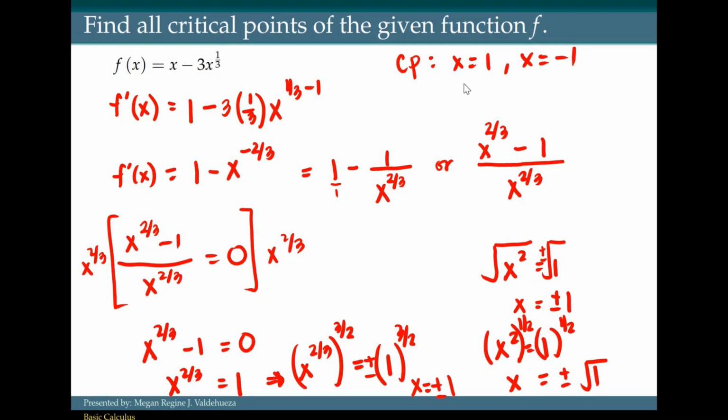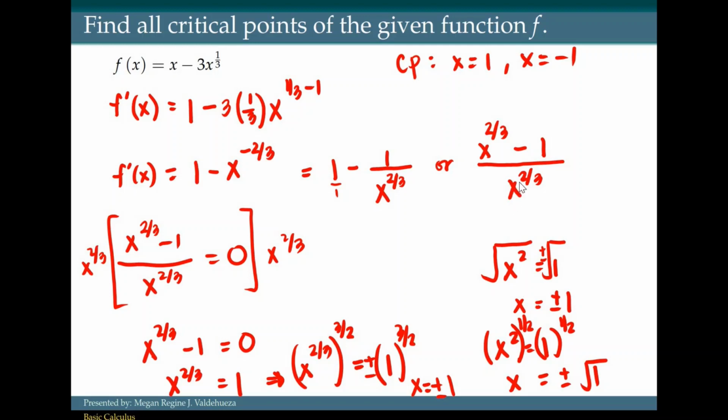Another way, the third step is to determine the values of x that can make the denominator of the derivative 0. So what values of x? Here. This is the derivative of the function. And on what values of x will the denominator become 0?